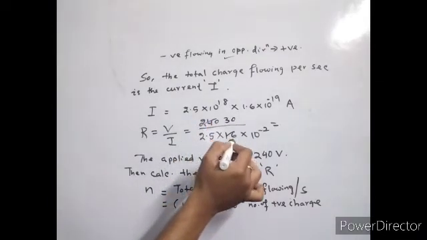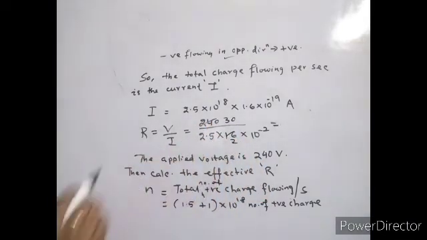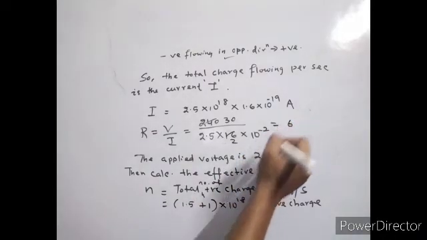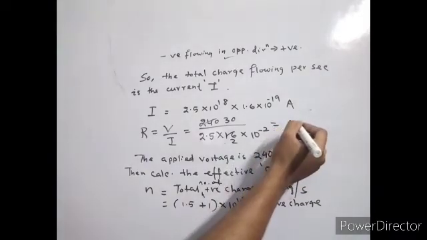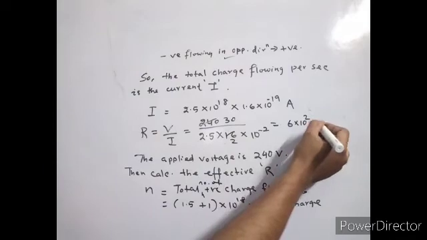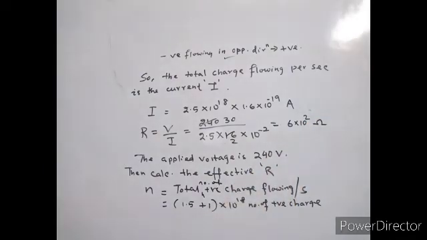So 8 goes 30 times in 240 and twice in 16. So twice 2.5 is 5 in the denominator, 30 by 5 gives me 6, and 10 to the power minus 2 goes up to 10 to the power plus 2, and we have 600 ohms.